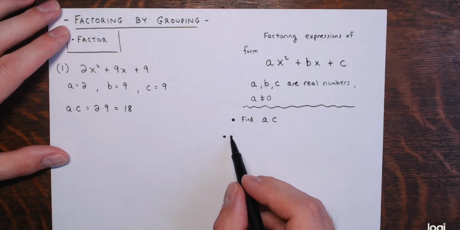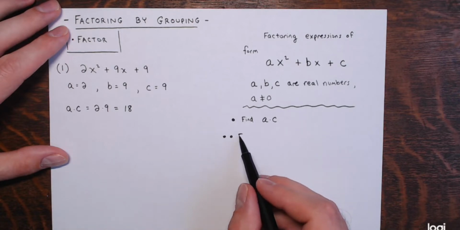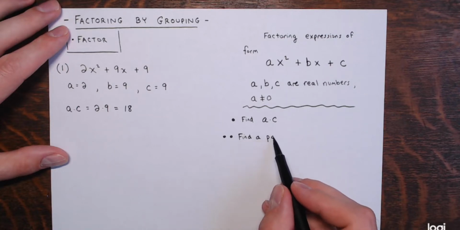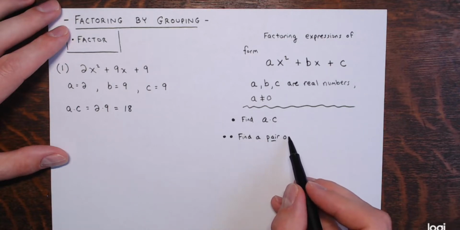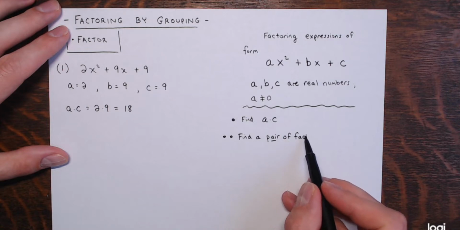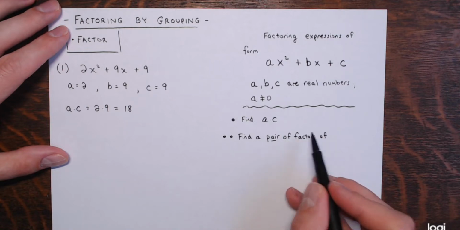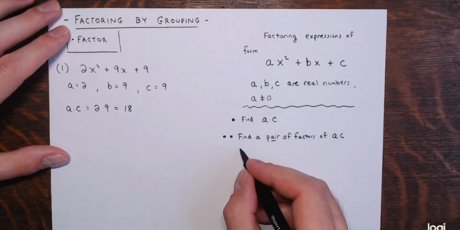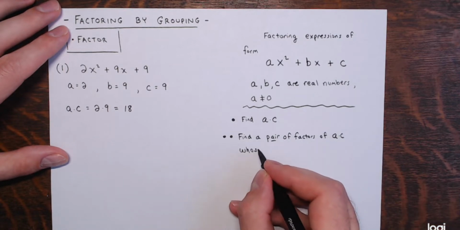Then we're going to find a pair of factors of this ac whose sum is b.